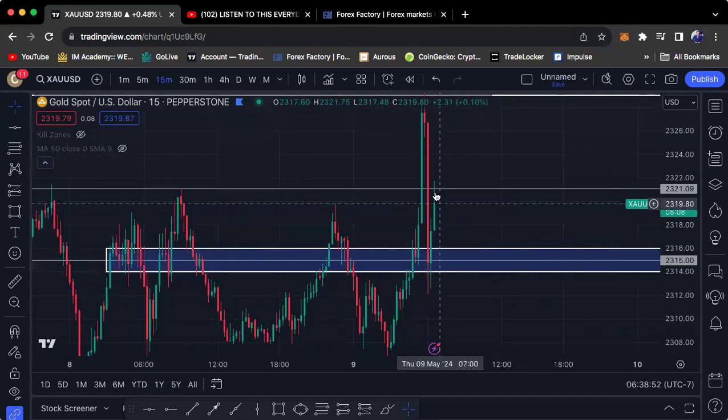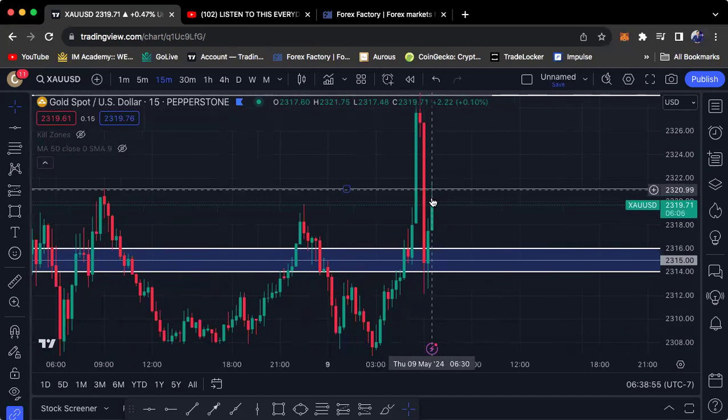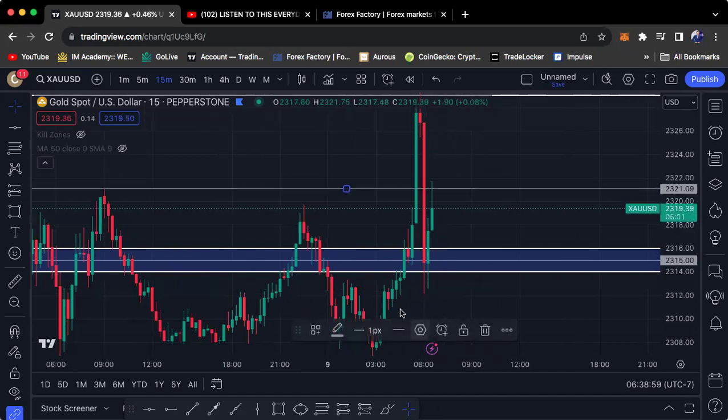You see how it's reacting to that price level, 2320. Right, created that wick.